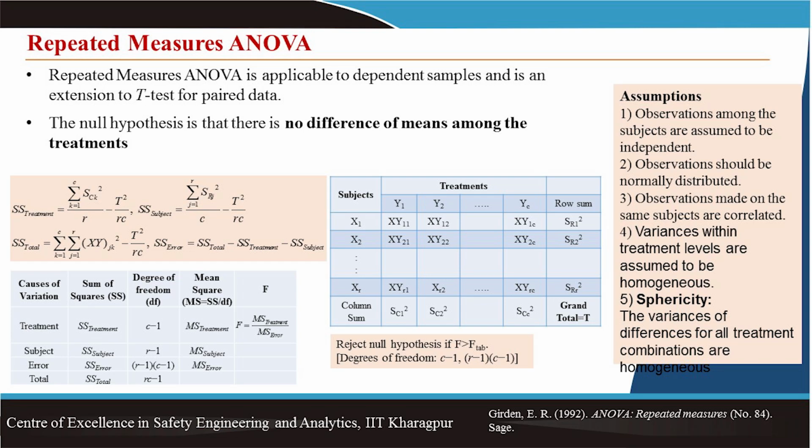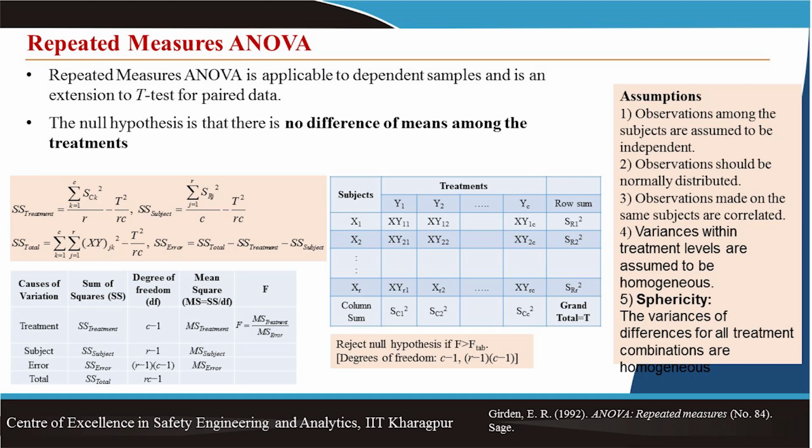So, in every location the people go through these different types of treatments, and then if we want to understand whether the treatments are equally effective or there is a difference, one important issue is that the subjects are different. In order to make it more different, we have taken a group of people from every location, and these locations we considered as the subjects, or specifically as experimental runs.